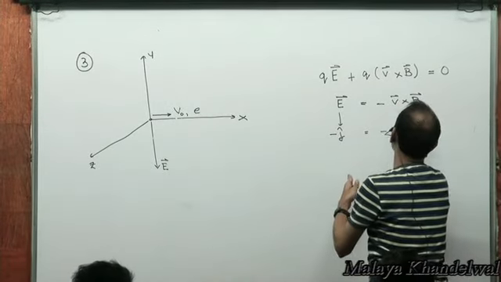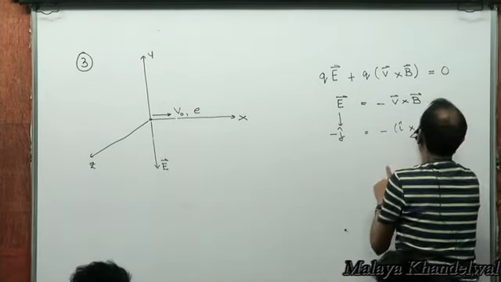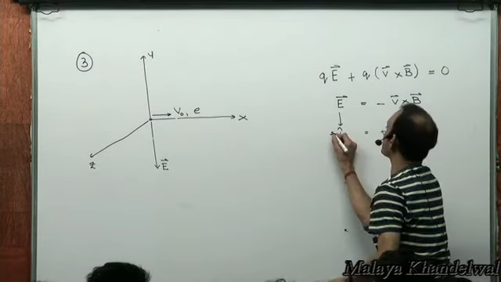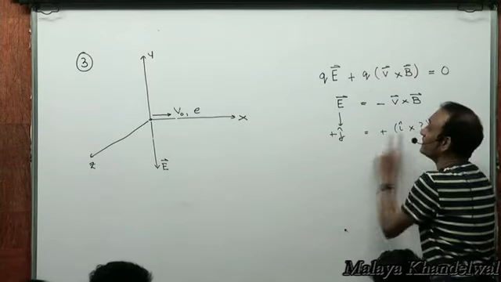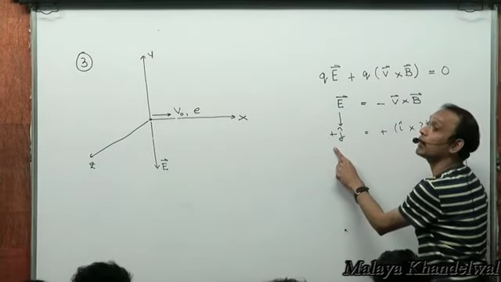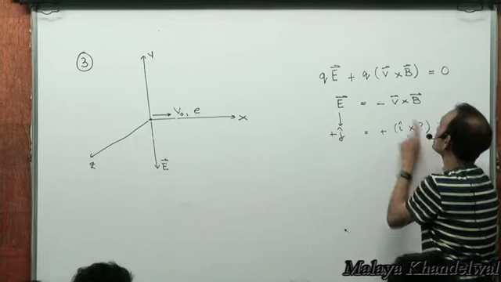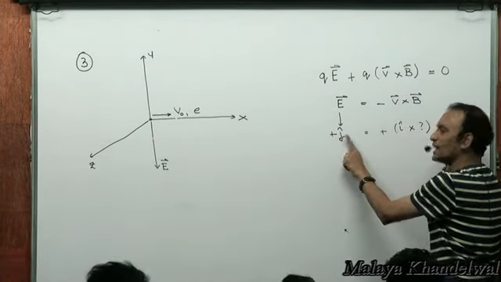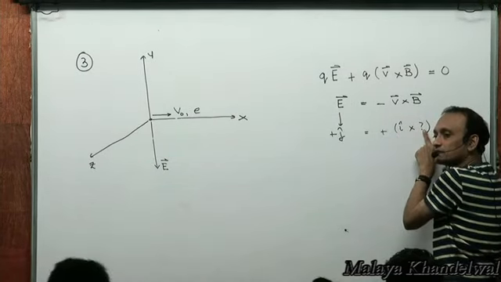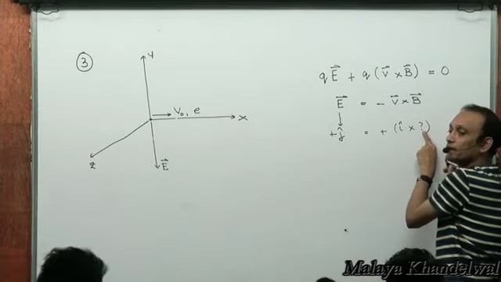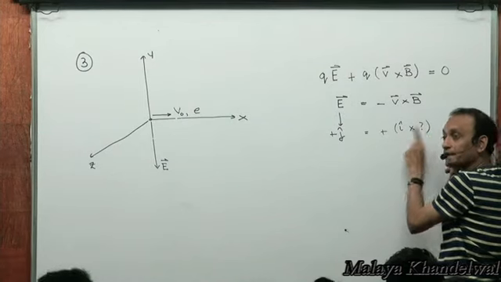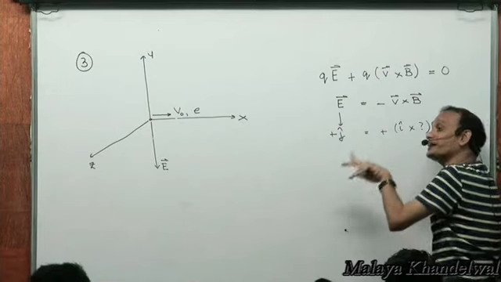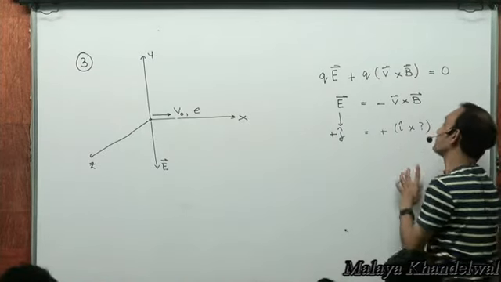So this is like some i cap cross B. The minus will anyway get cancelled, so I have j given by i cross some vector. I cross what vector will give me j? Minus k. K cross i is j, so i cross minus k will give me j.